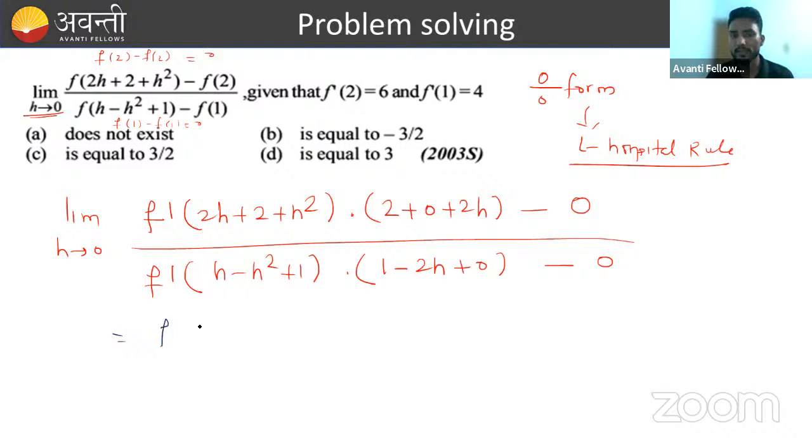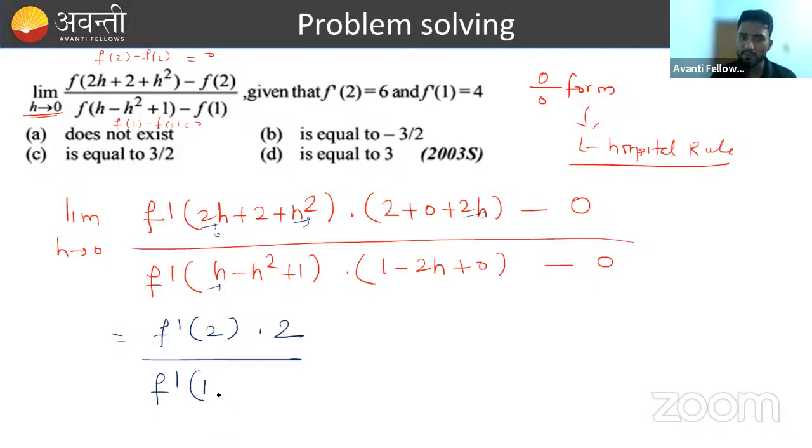So after putting h tending to 0, this will become 0, this will become 0, and you will get f dash 2 into, again h is 0, so you will get 2. In the denominator, you will get f dash 1, and after putting 0, you will get 1. f dash 2 is given as 6, into 2, and f dash 1 is given as 4.